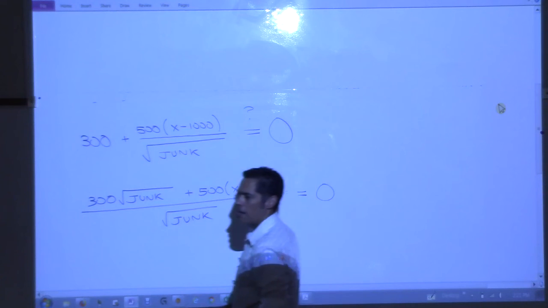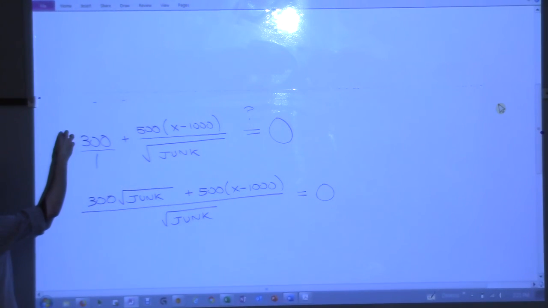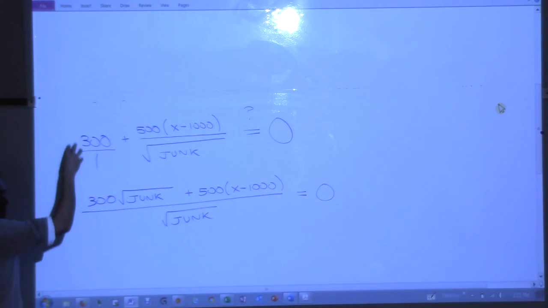Okay, so all I did was get a common denominator. I wrote this as over 1. I put root junk top and bottom, and then I smashed them together.